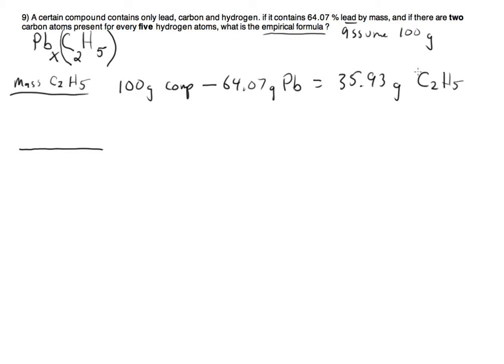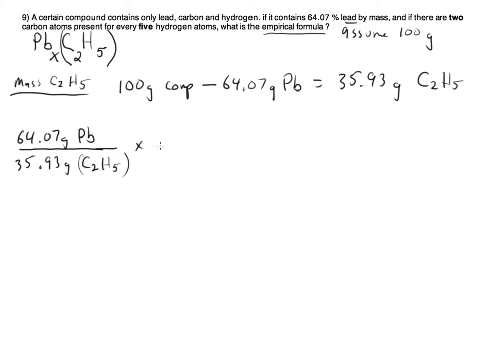I'm going to start off the harder way, which is going to give me a fraction: 64.07 grams of lead to 35.93 grams of C2H5. Now hopefully you see why we're treating C2H5 as if it were one element. It's just going to simplify the whole thing. We could have used carbon or hydrogen, but this simplifies it. So I'm going to do this as one thing.